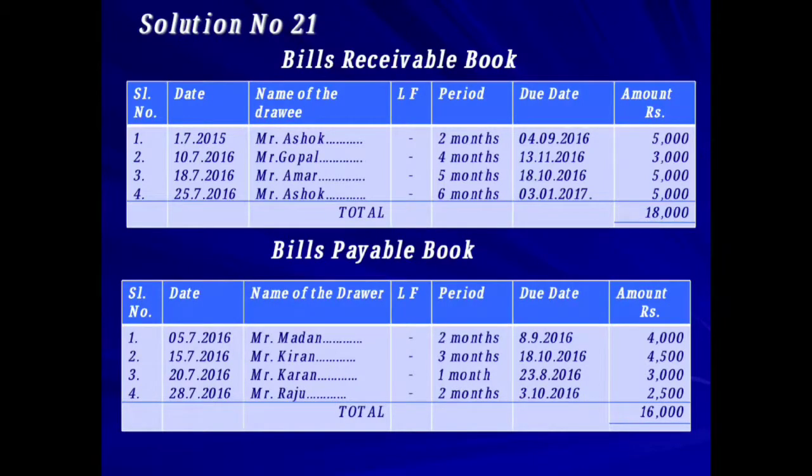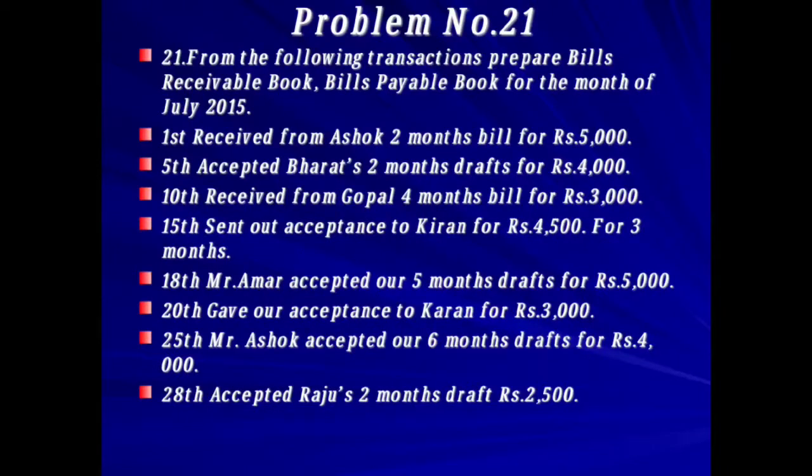First entry in bills payable, 5/7/2016, Mr. Bharat, 2 months time period. If you add 2 months to 7, you'll get 9, and 3 grace days added to 5 gives 8. So 8/9/2016 you will get. Then the amount we should pay is 4000 to him.